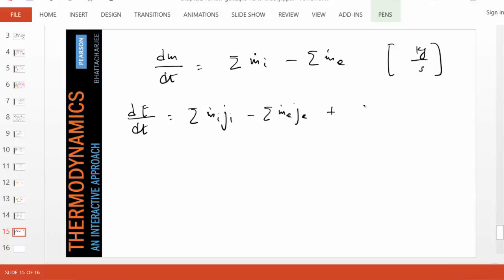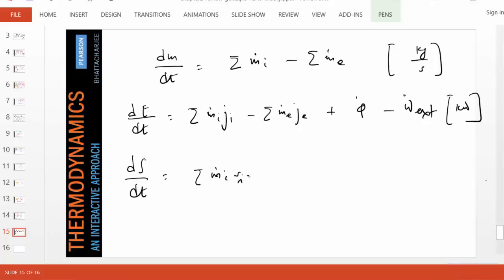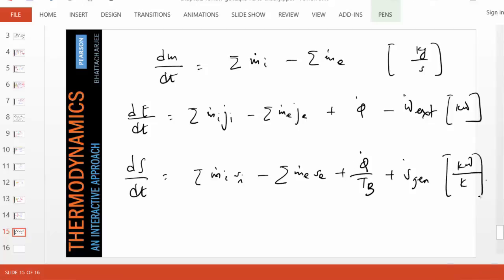This is our energy equation, and the unit is kilowatt. And the unit here would be, look at the easiest term, Q dot is in kilowatt and T_B is in Kelvin. So this is the unit of the entropy equation.